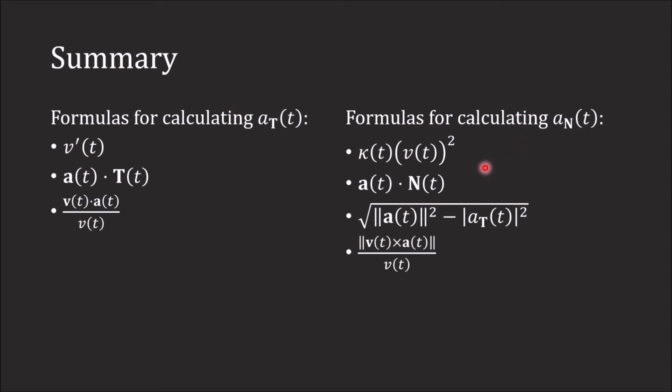The curvature of the curve times the speed of the particle squared, acceleration dotted with the unit normal, the square root of the magnitude of the acceleration squared minus the tangential component squared, or more commonly, if you don't want to find tangential first, the magnitude of velocity cross acceleration all over speed.